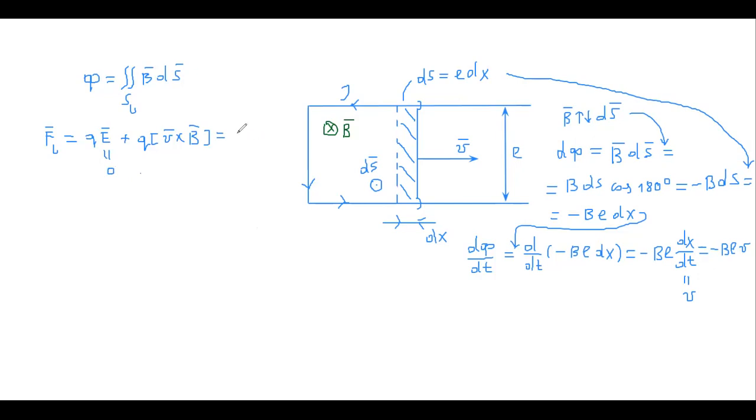So we have the Lorentz force caused by the motion of the vertical stick on the frame. It means that this is equal to Q, vector product of V multiplied by B.